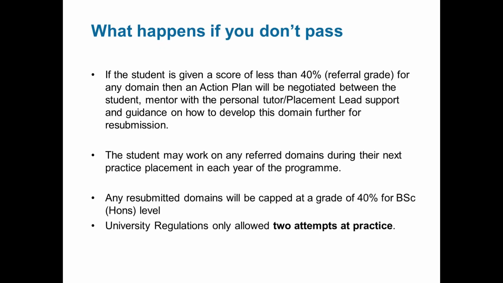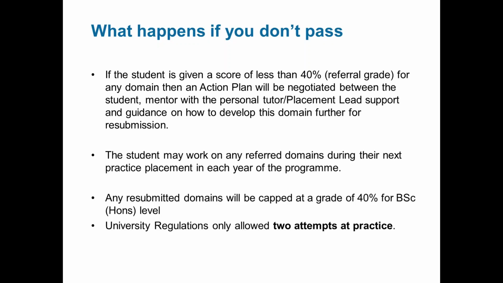So, if you're given a score of less than 40% for any domain, an action plan needs to be set up, ready for your next placement. You will discuss this with your personal tutor. When you go into your next placement, you can work on any of the referred domains and again be assessed in the next placement.